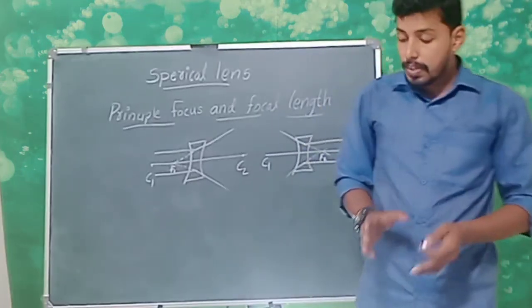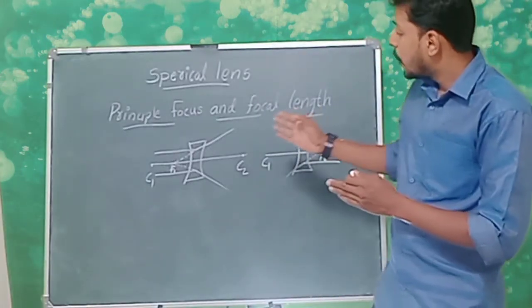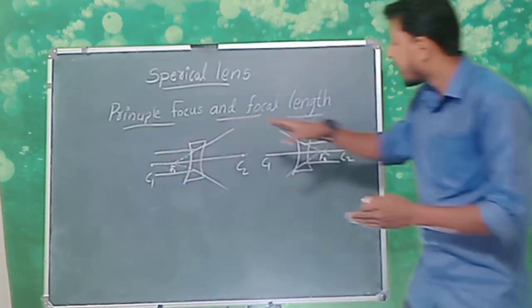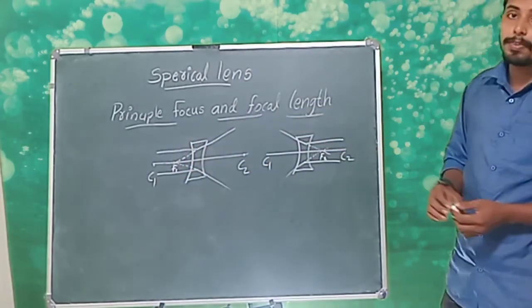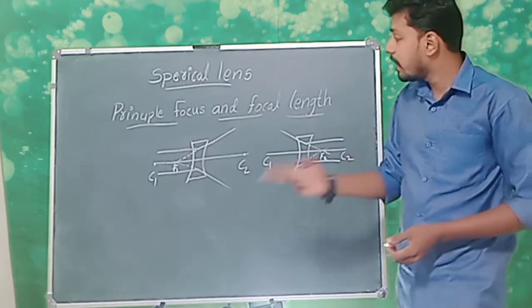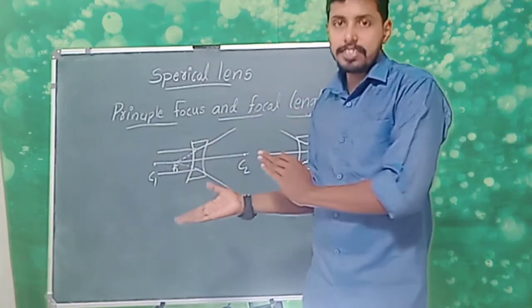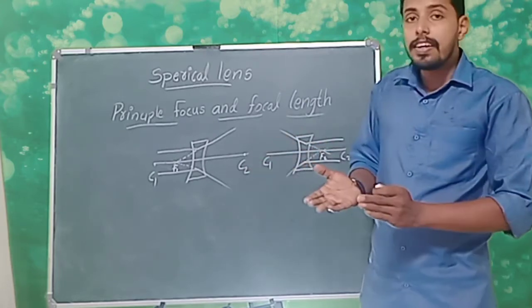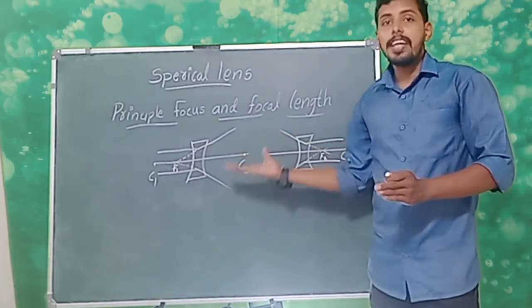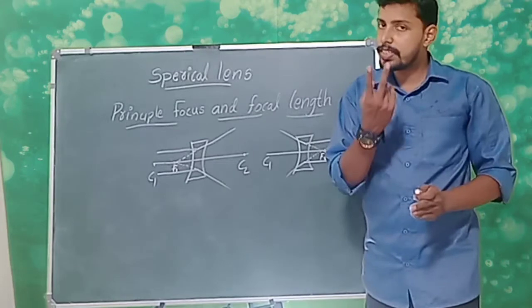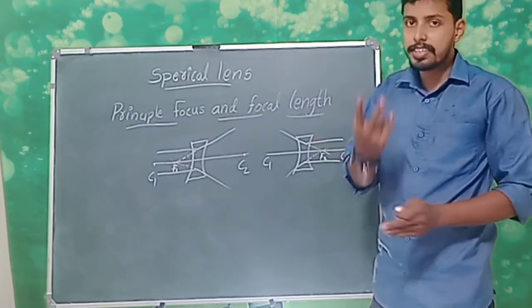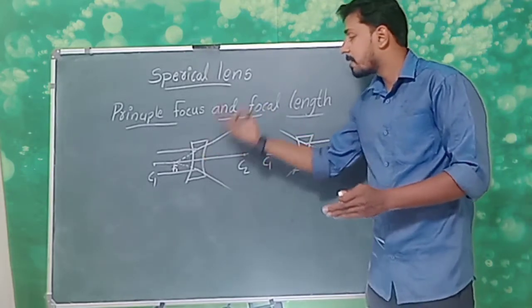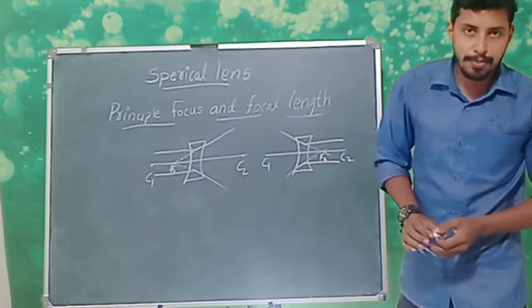So these are the first principal focus and second principal focus. In concave lens and convex lens it is the same, we will discuss later. Here in the case of lens, there are two principal focuses: first principal focus and second principal focus.